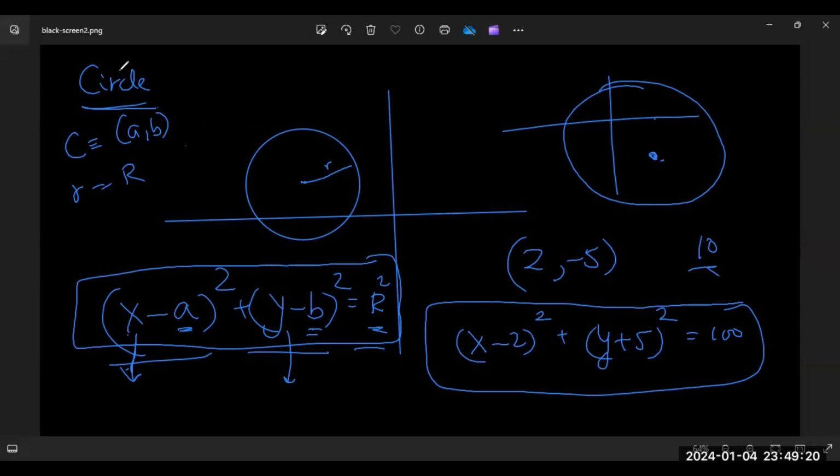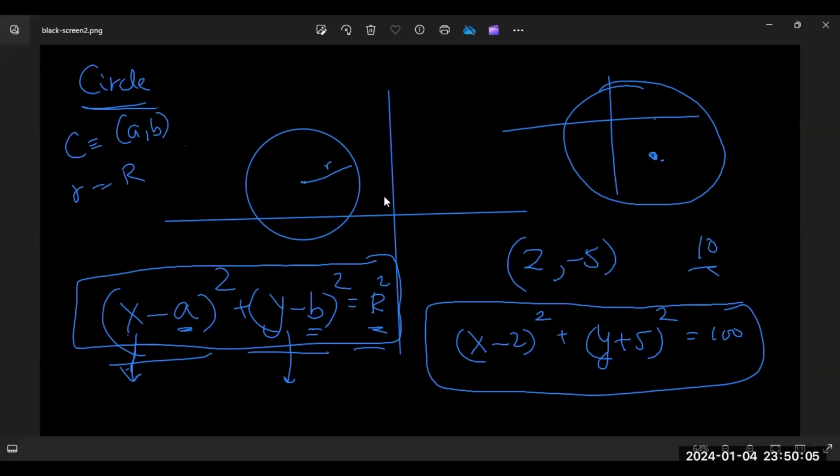What is the equation of the circle? Option C. Option C. Very good. Why?